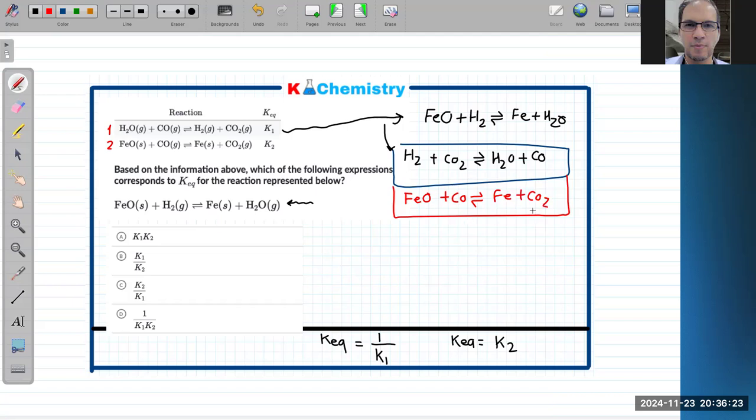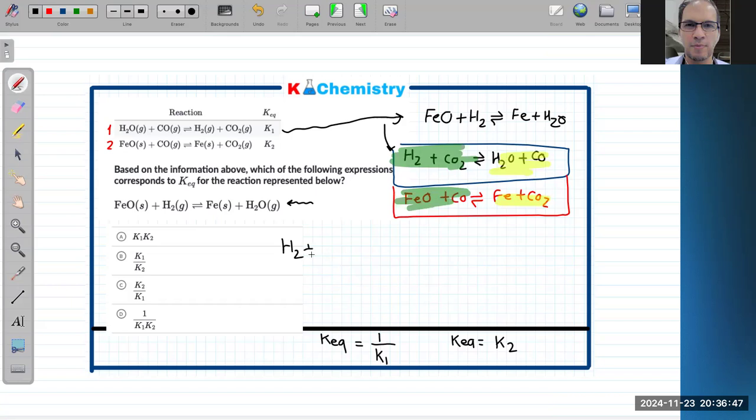If I try to write the two equations together, I will see what cancels out. How do I write the two equations together, Yazid? I will write all the reactants together and all the products together and try to cancel them out, to make sure it gives me my equation.